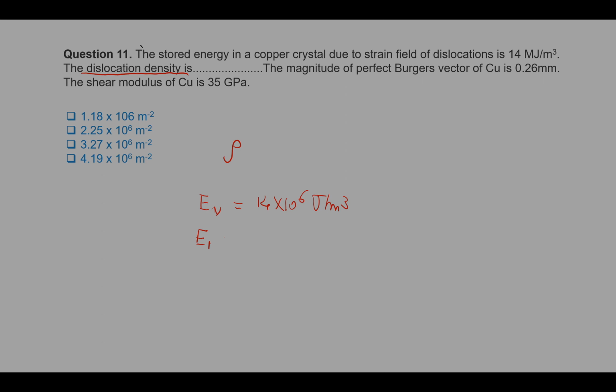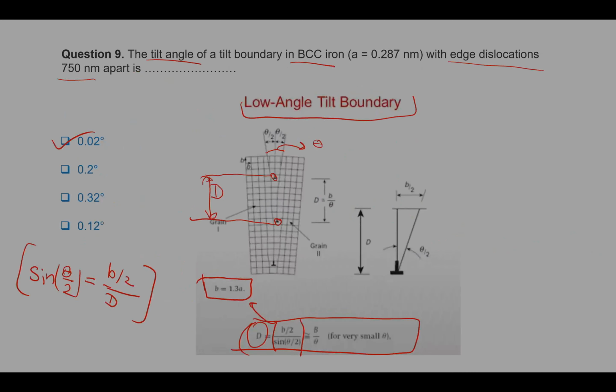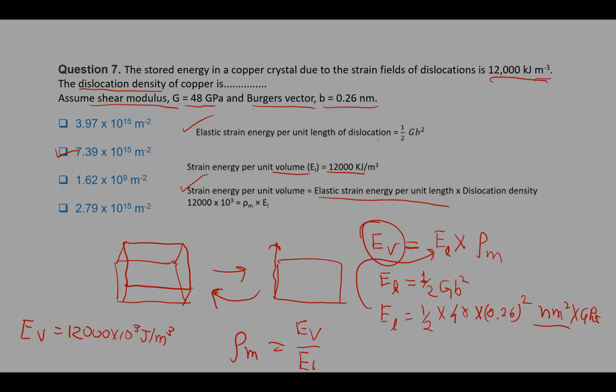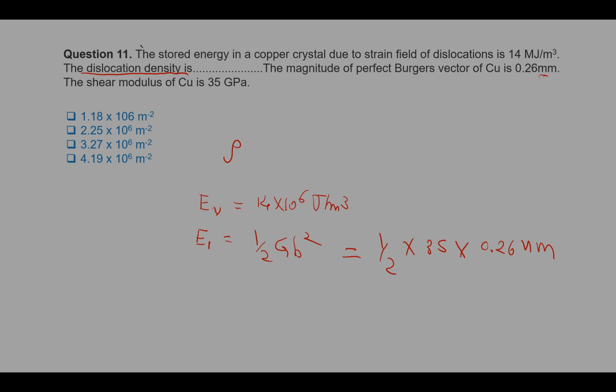A linear we have to calculate, which will be like 1 by 2 GB square. General formula is like this. We have to put the value of G, that is 35 gigapascal, and B, 0.26. I think it won't be in mm, it will be in nanometer. We just cross check. Yeah, it should be in nanometer.